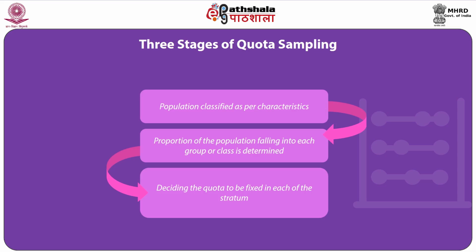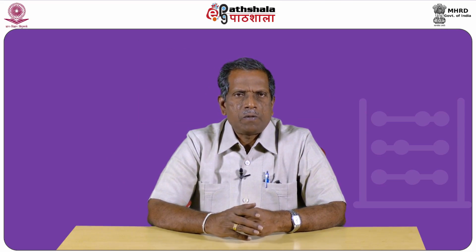Secondly, the proportion of population falling into each group or class is determined on the basis of the known, assumed or estimated composition of the population. At the third stage, the quota to be fixed in each stratum is decided based on the proportion determined in step 2. It is mostly used in marketing and public opinion surveys.